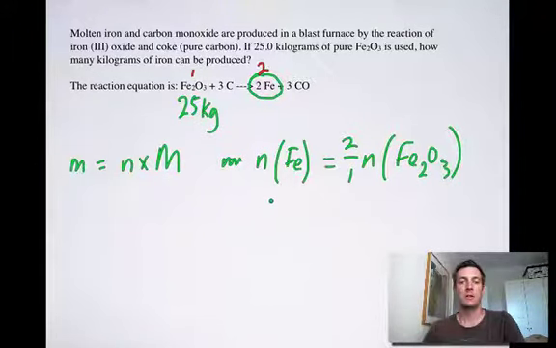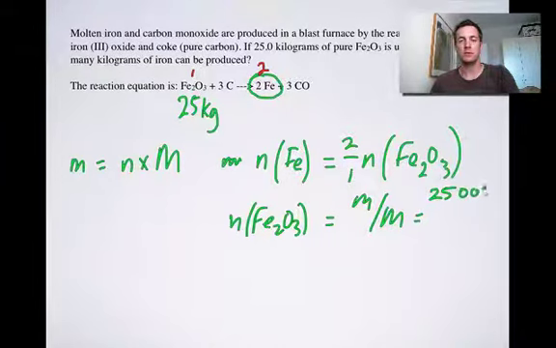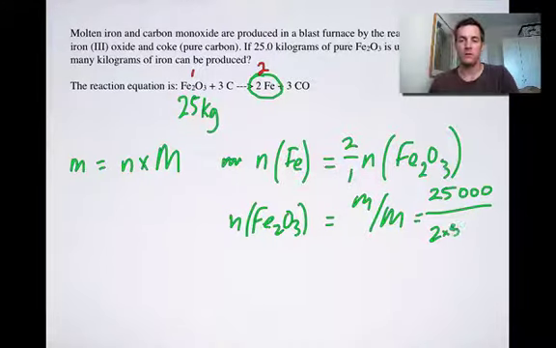Okay, so let's find the number of moles of Fe2O3. Well, that equals the mass over the molar mass, which is 25,000, because we've got 25,000 grams, divided by 2 times 55.85, added to 3 times 16.